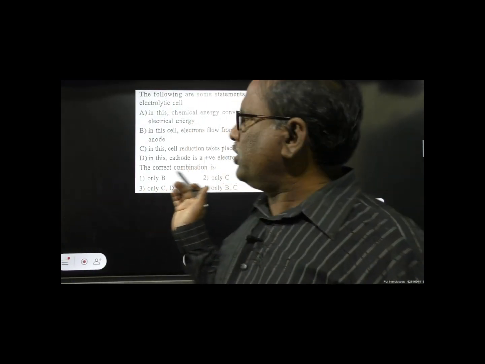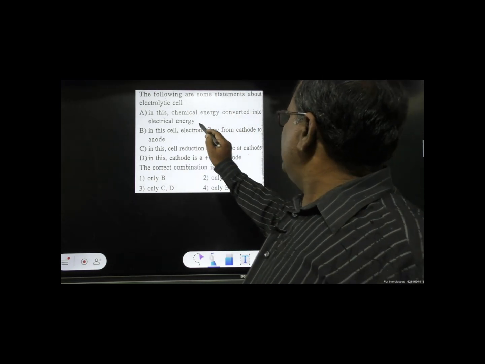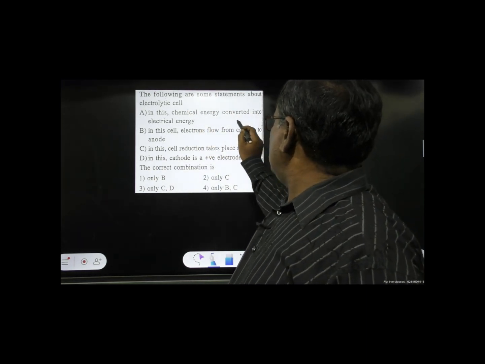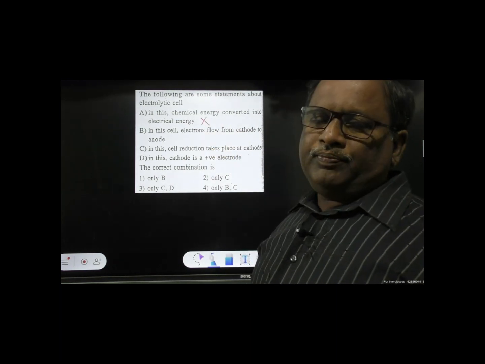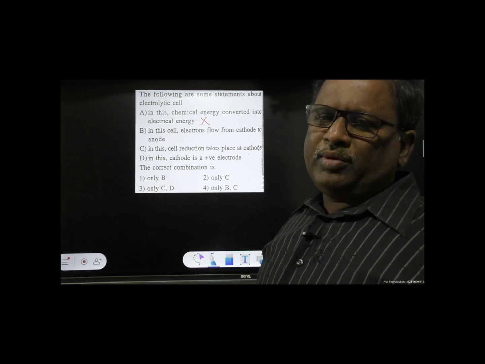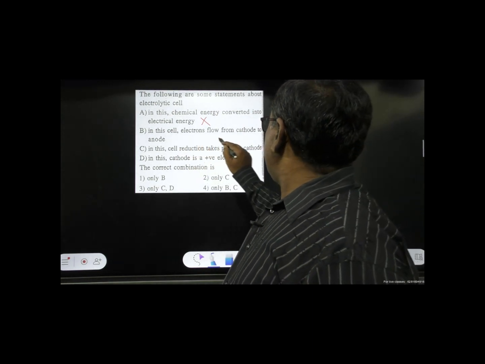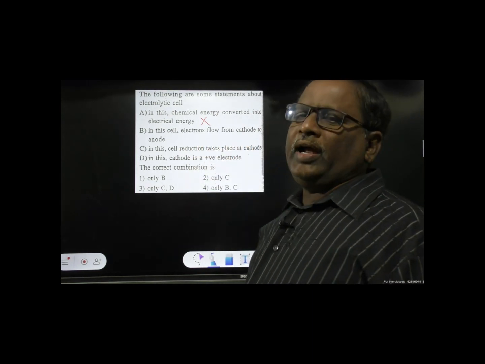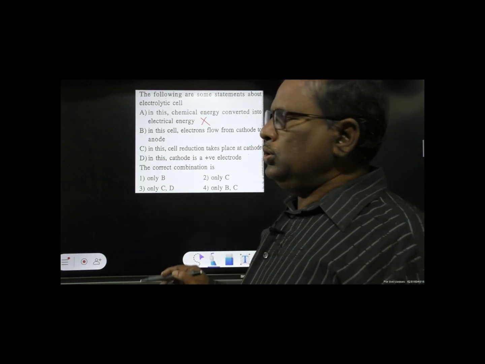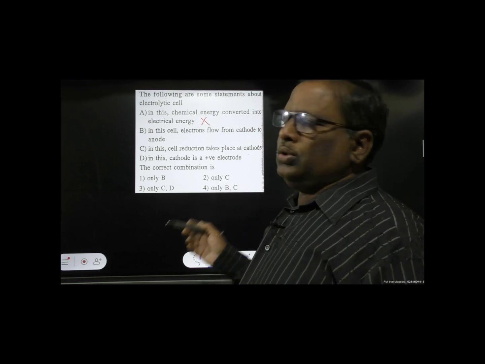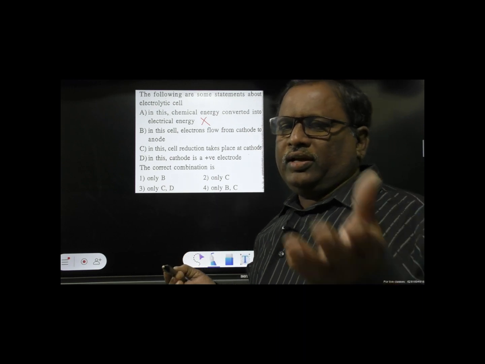Now, let us see the statements about the electrolytic cell. In this, chemical energy is converted into electrical energy. Wrong. Here, electrical energy is utilized to bring about chemical change, so electrical energy is converted into chemical energy. In this cell, electrons flow from cathode to anode. No. The cathode is where reduction happens, that means it takes electrons, and they are released from the anode.